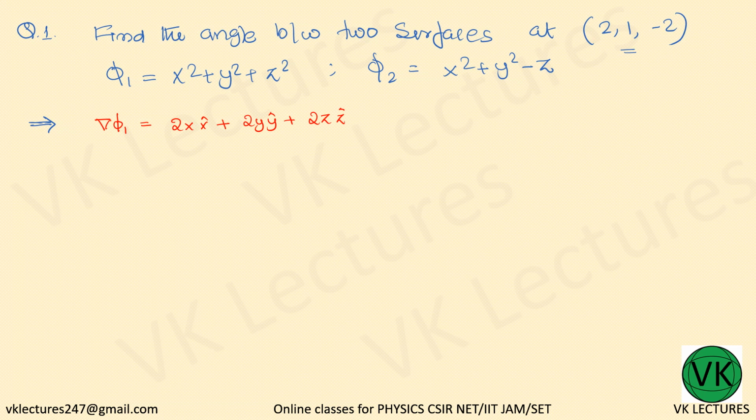Now we need to find del phi 1 at (2, 1, -2). Put x equal to 2, y equal to 1 and z equal to -2. So that is 4x cap plus 2y cap minus 4z cap.